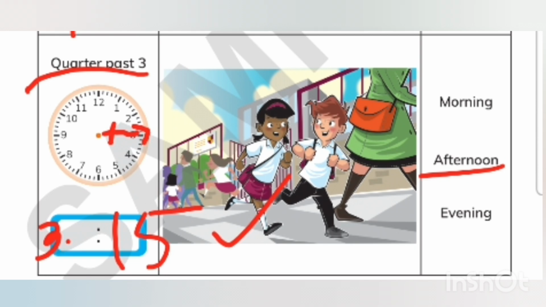So the big needle will be on 3. So this is called 3:15. And here the answer is afternoon. This is not the morning time, this is not the evening time, this is the afternoon. Okay, neither morning nor evening. Yes, afternoon. Now it was again very easy.